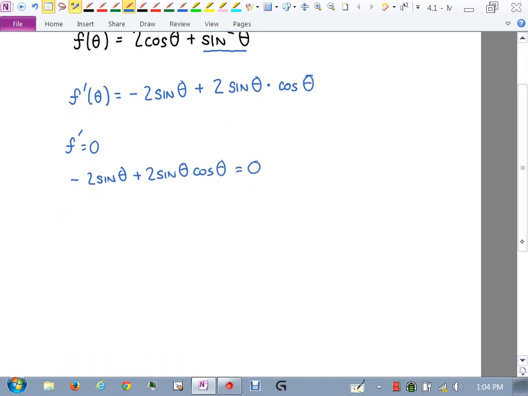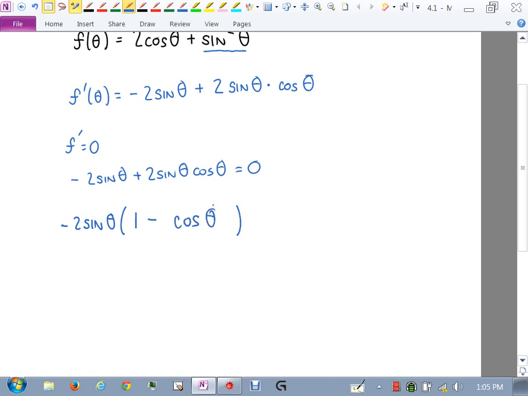And how would you solve that? You could do negative 2 sine out. And what would you be left with in there? You'd have a 1 here first, right? And then minus cosine theta.